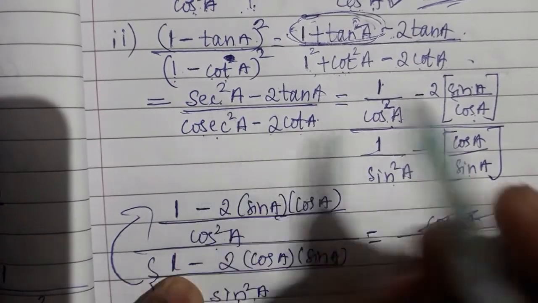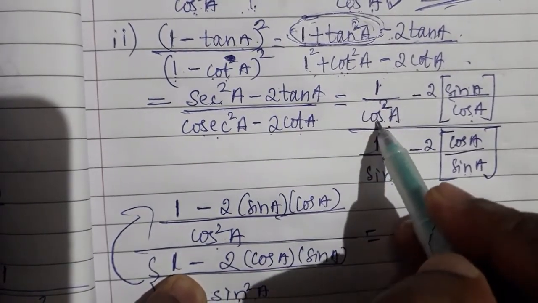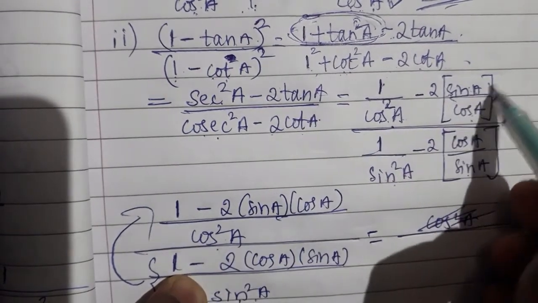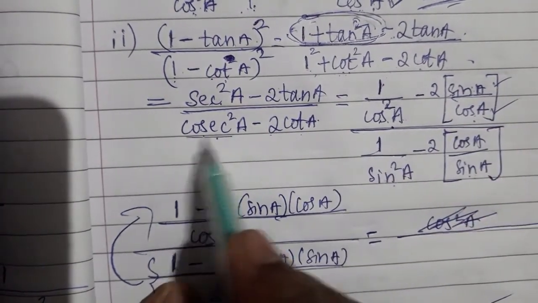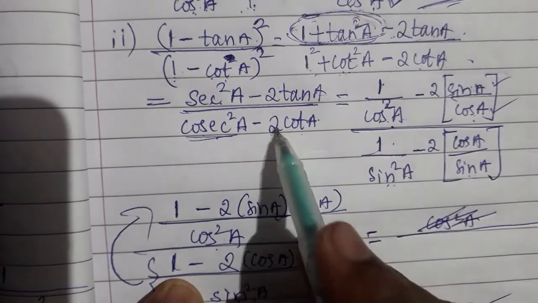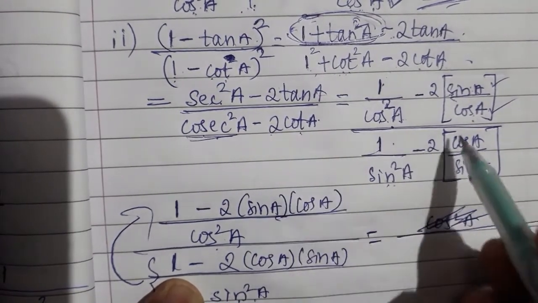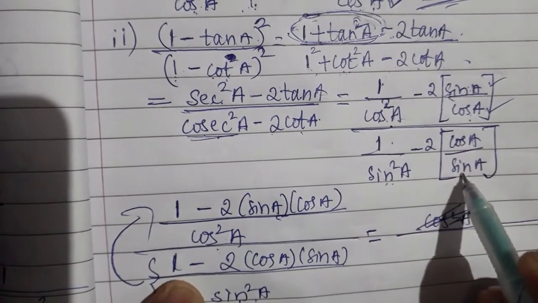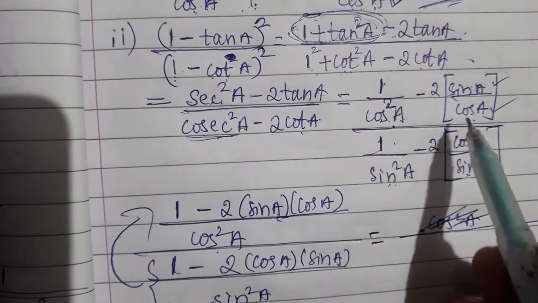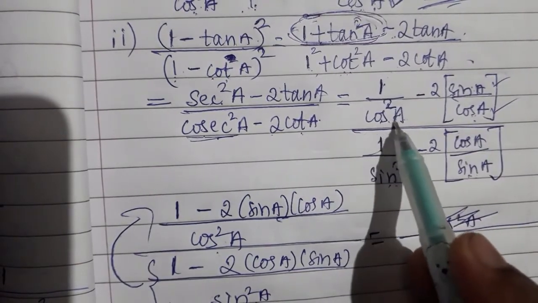Now sec²A reciprocal is 1 by cos²A minus 2 into, instead of tan, I can write sin A by cos A. Now cosec²A reciprocal is 1 by sin²A minus 2, you write this 2 as it is. Cot can be replaced as cos A by sin A. Now take the LCM, cos²A, cos A. So cos²A will become the LCM.